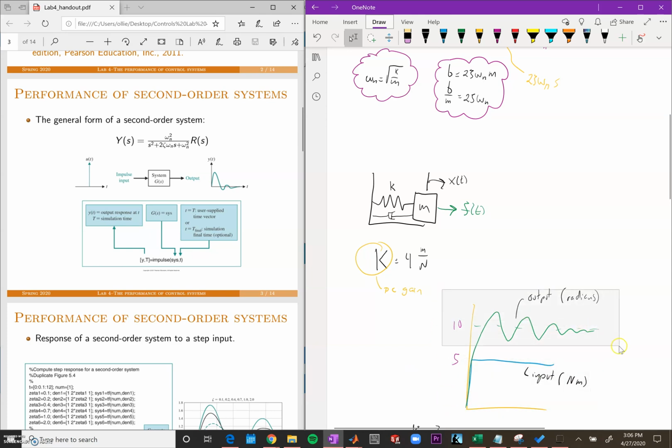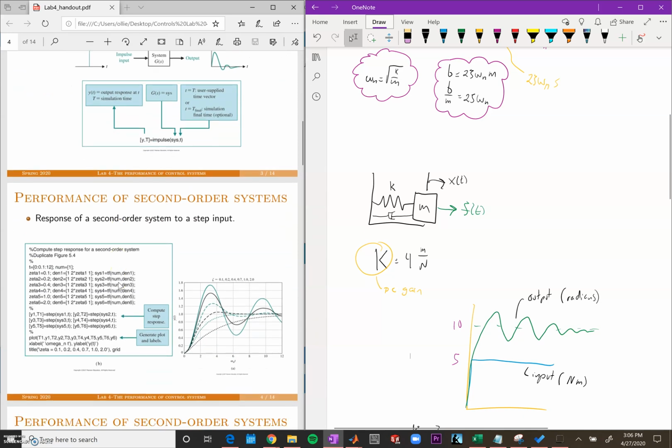Maybe it oscillated about 10 radians and it settled on 10 radians. So our output's in radians. That's what we're interested in. And our input is torque. That's what we inputted to the system. And so our DC gain here is 2, right? 2 radians per newton meter. That is our DC gain. Okay, and it's also 1 over the spring constant.